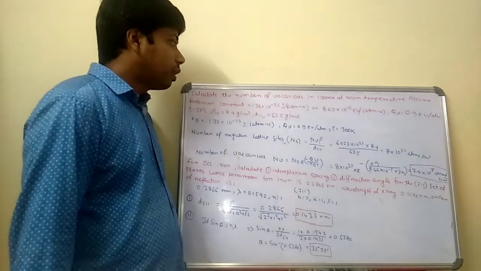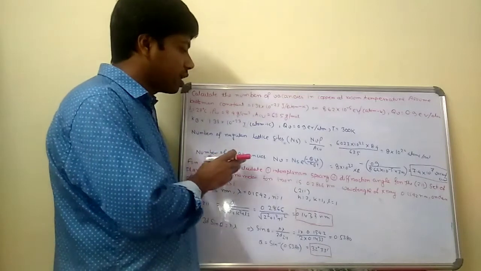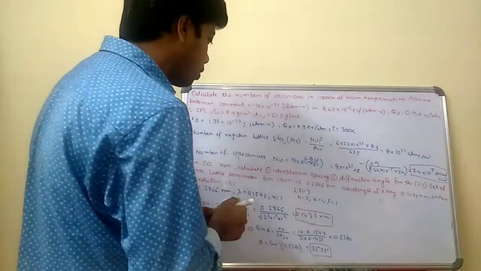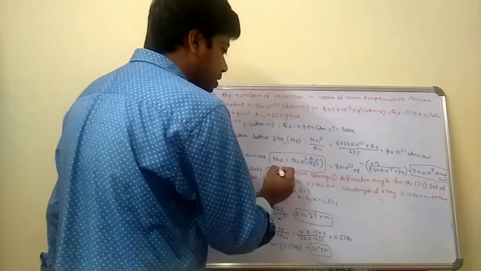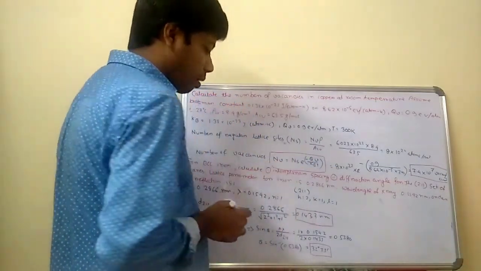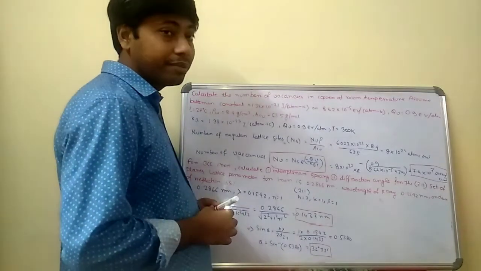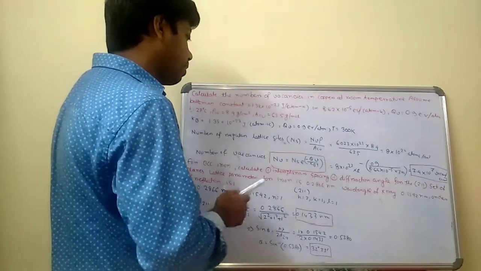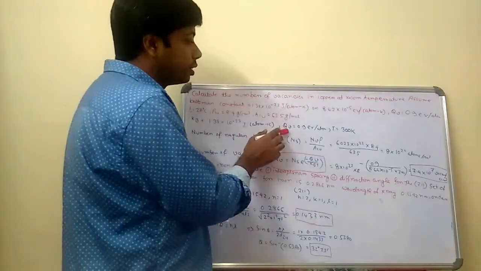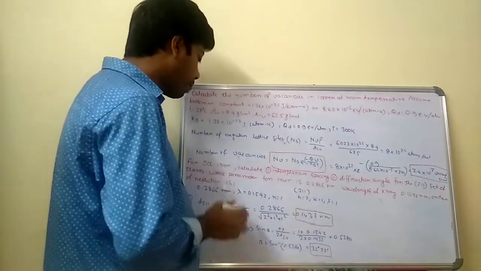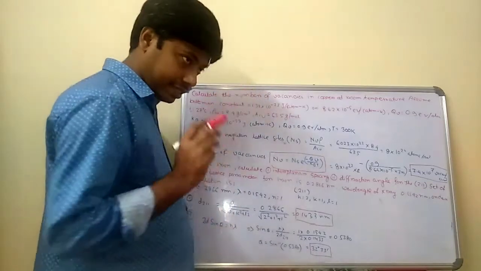So these values are given, and you have to calculate the number of vacancies in copper. This is a very important formula: NV is equal to Ns e to the power minus QV by KB into T. KB, QV, and T are known to you. Now you have to calculate the number of regular lattice sites, that is Ns.